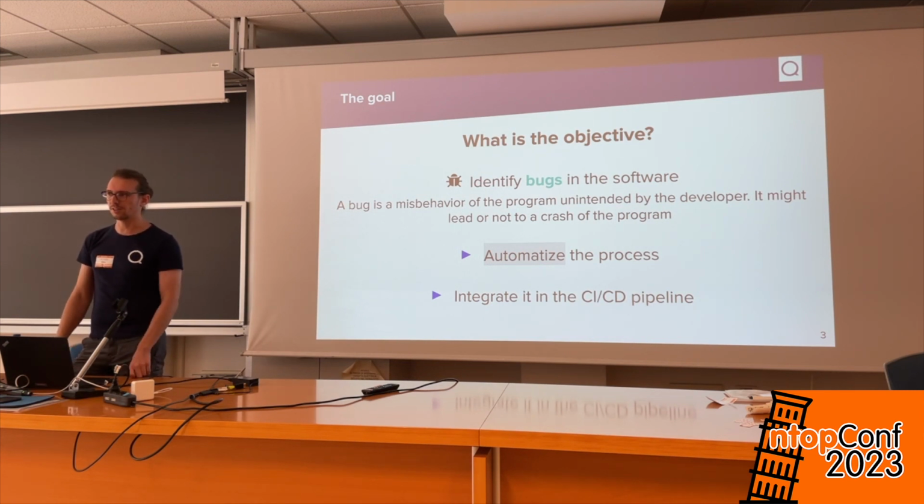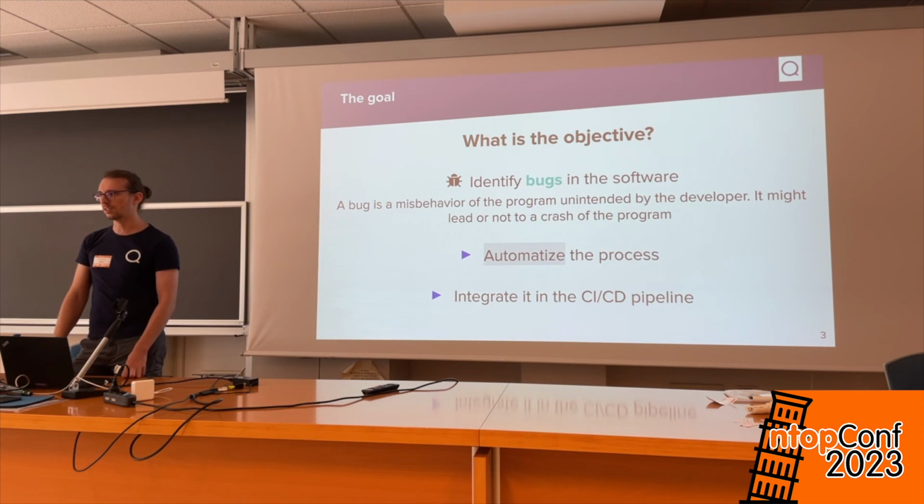Basically, we want to identify bugs in the software, and there might be multiple definitions of what a bug is, but in this case, we are just considering it as a misbehavior of the program. So when it deviates from the normal execution.